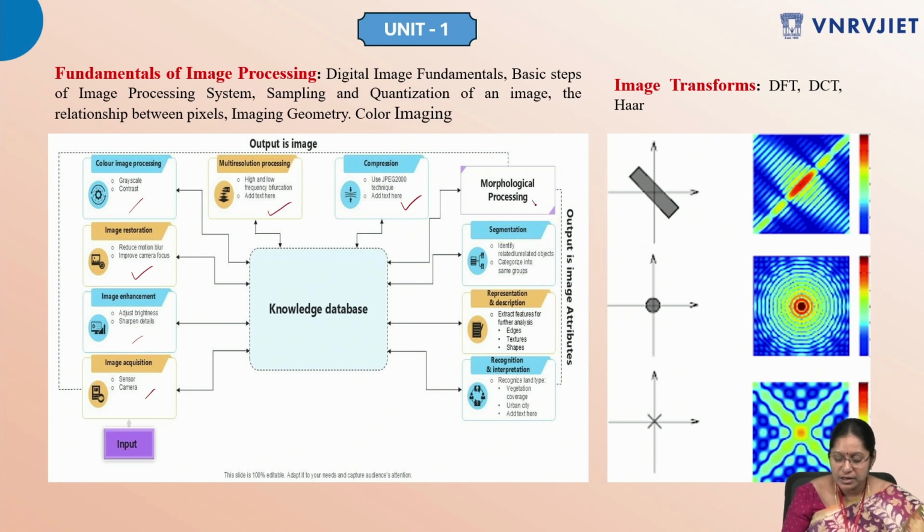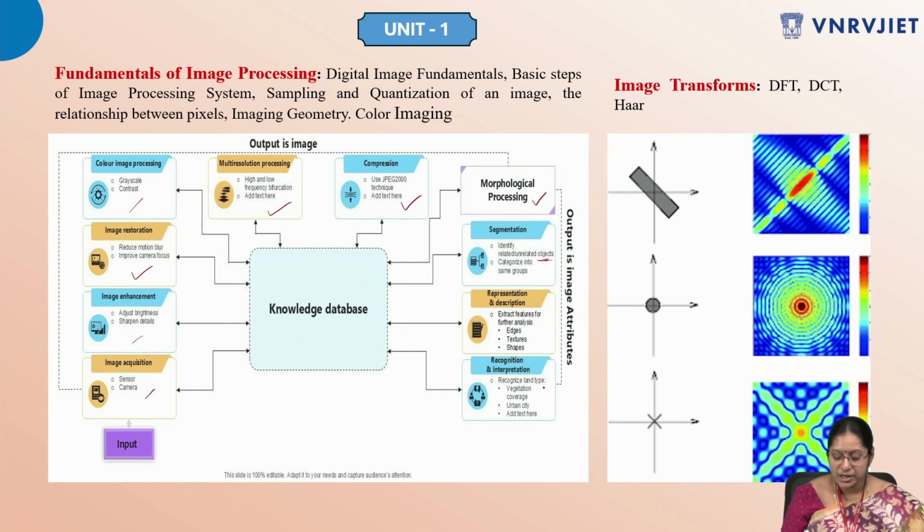Next, morphological processing. And next, segmentation. Identify the related or undefined objects. And next, representation and description, extracting features for future analysis like edges, textures, and shapes.